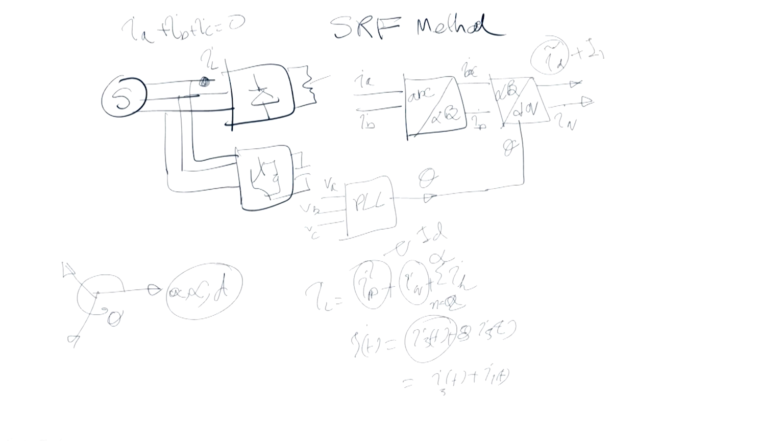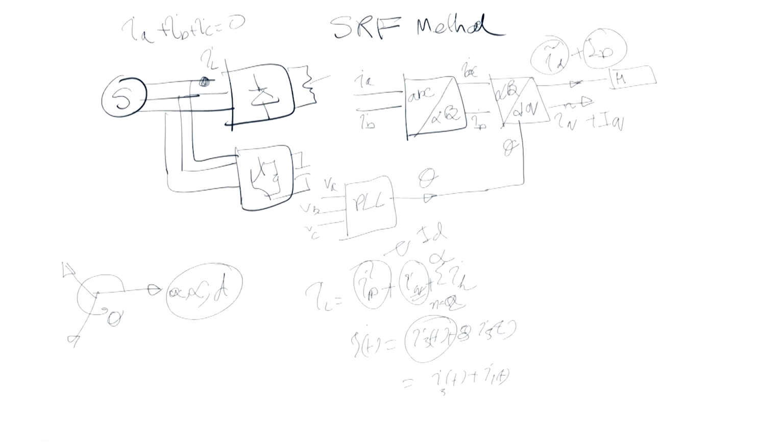I can write Id, that corresponds to the in-phase component of the voltage with the current, and similarly you can have Iq delta plus Iq, that is essentially Iq bar or the average, which is a constant value. Thereafter, what we generally do, we pass it through the high pass filter. The high pass filter is generally realized by subtracting the low pass filter output. So, essentially you get the Id delta.